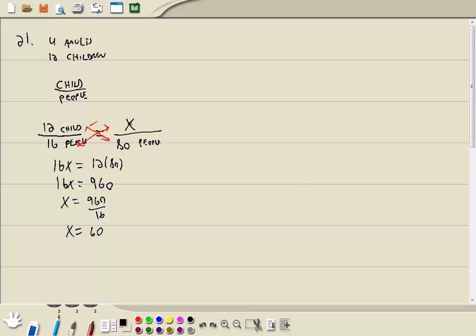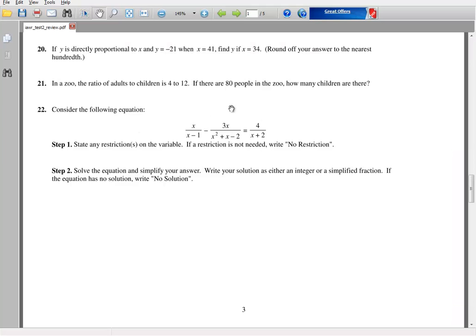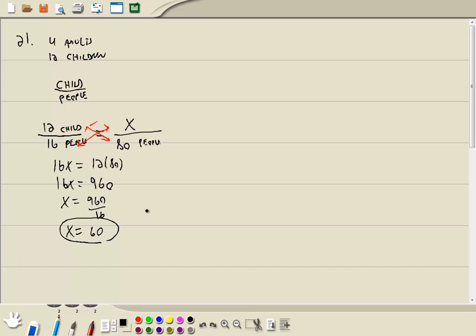Now that's the number of children. Let's see what they're asking for. How many children are there? So it'll be 60 children. That one's kind of tricky. If I didn't read it close, I might have set this up differently. I might have just went ahead and put 12 over 4 and got some bizarre results. So you have to really look to see the kind of relationship they're talking about, where children to people.